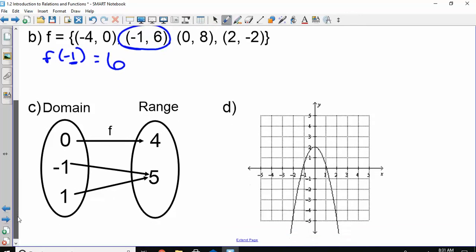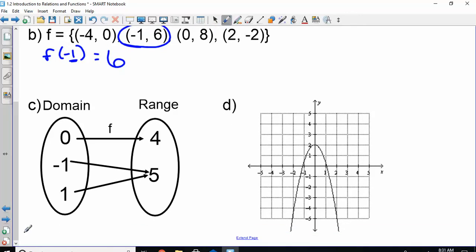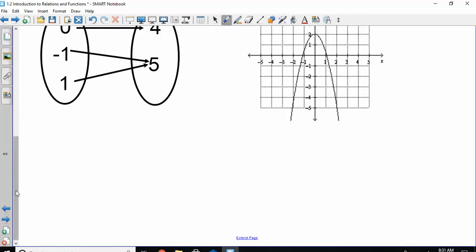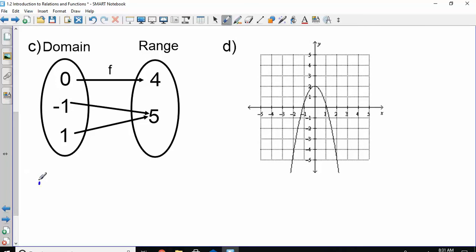Okay, C. This is a mapping. So f of negative 1. When my x is negative 1, the y is 5. We're looking right there.